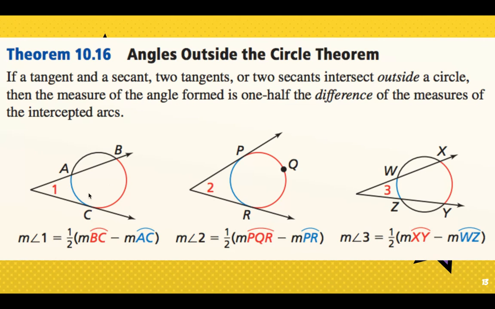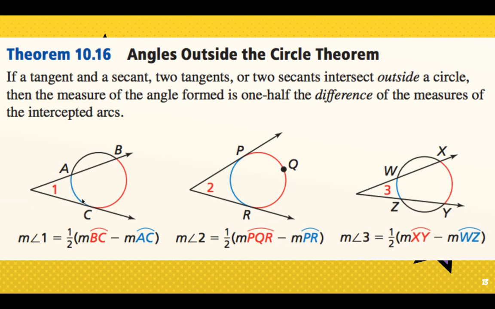Okay, let's go to this one right here. You have a secant and a tangent. The angle is outside the circle, angle 1, right? So what is happening here? This angle intercepts these 2 arcs, right? This big red arc, arc BC, and it also intercepts this blue arc, this smaller arc, arc AC.